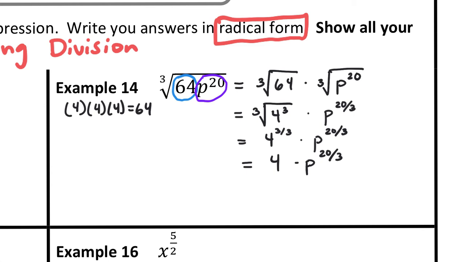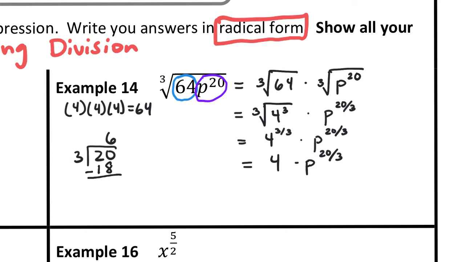So in long division, we're going to figure out what's 20 divided by 3. Kind of taking us back to elementary, right? So how many times can 3 go into 20? 6 times. 6 times 3 is 18.